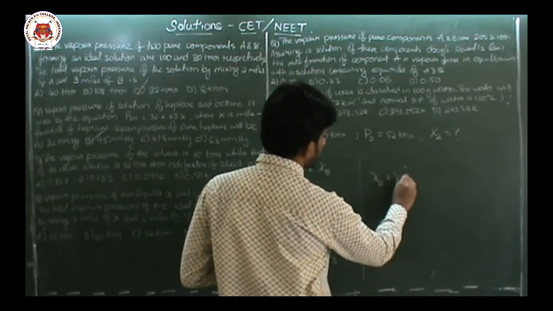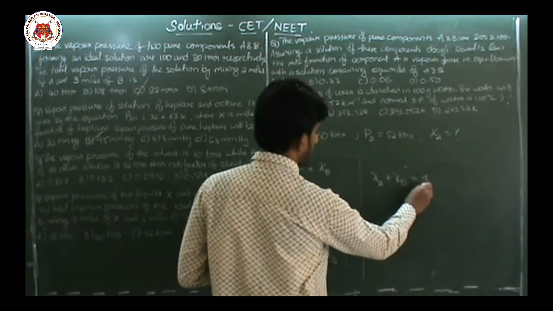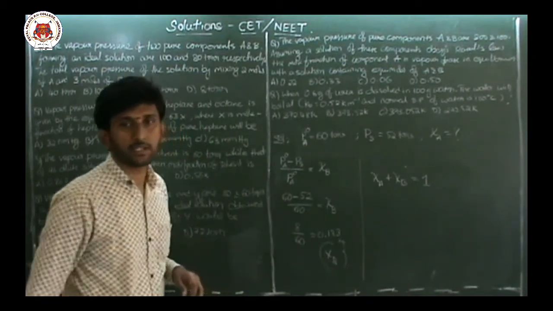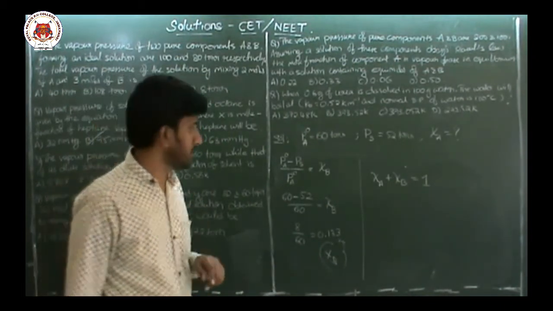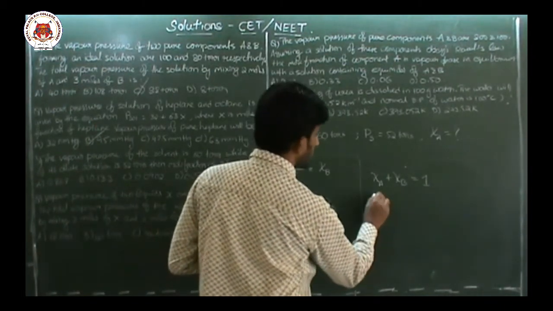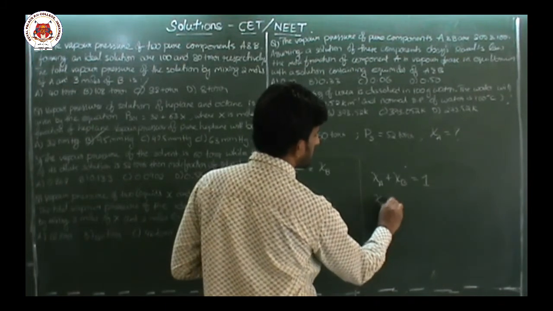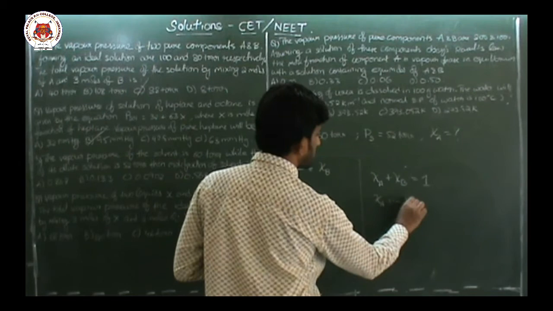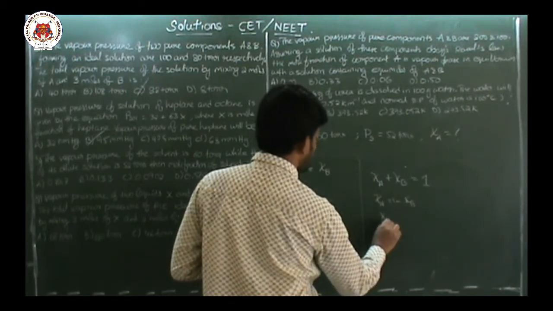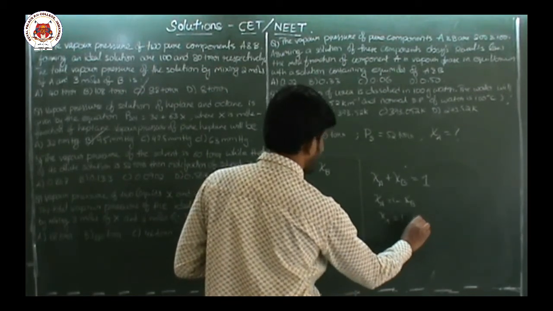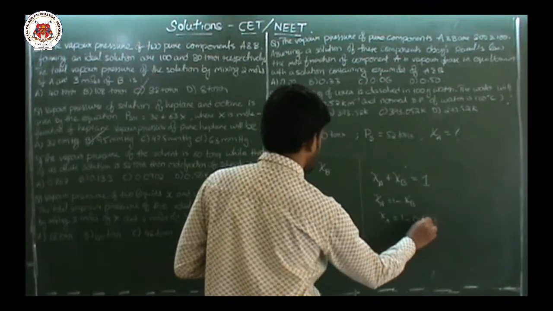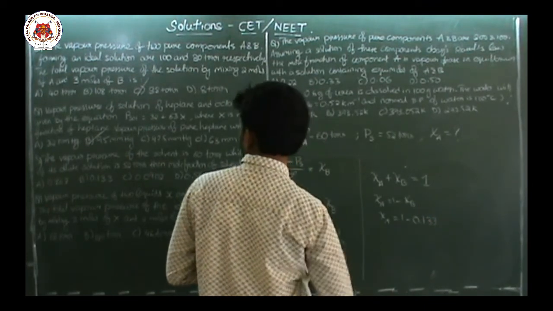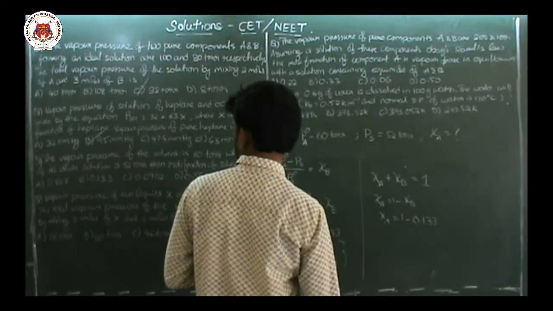The sum of the mole fractions in solution is unity, it is 1. So XA you want means what I need to do? 1 minus XB. That means XA is equal to 1 minus 0.133. So what is 1 minus 0.133?